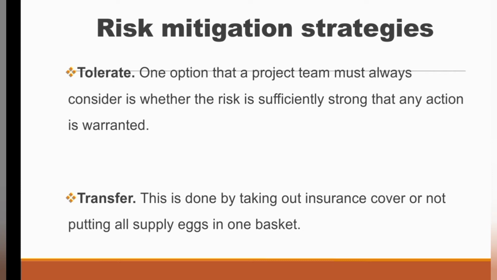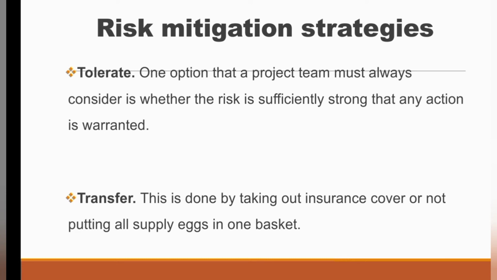Another means that can be used to transfer the risk is by using contractual agreements or contractual terms with the suppliers, so that you don't put all your eggs in one basket. Some of the contractual terms, such as blanket ordering, can be used in such a way that a price can be agreed upon and payments can be made, just that the goods may not be delivered at a particular time.